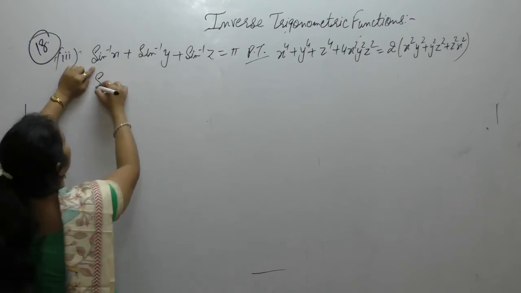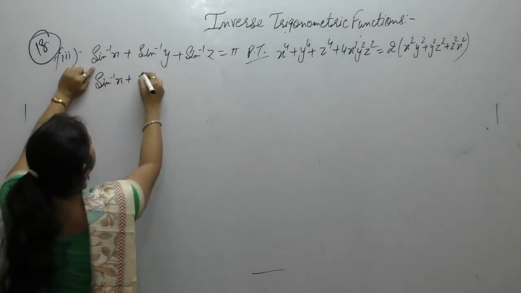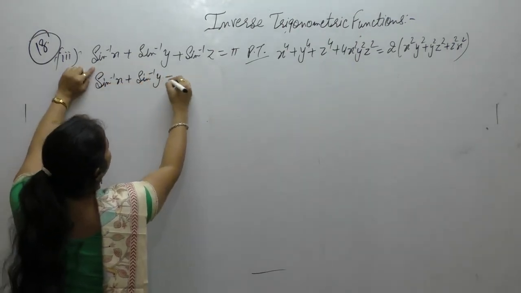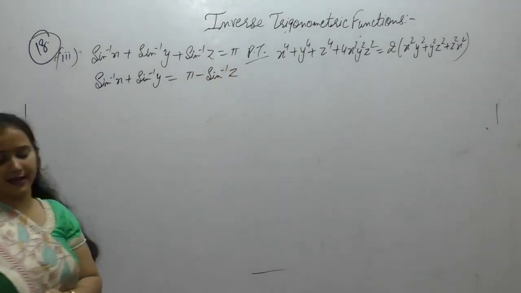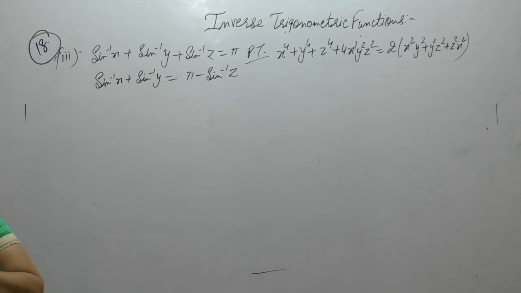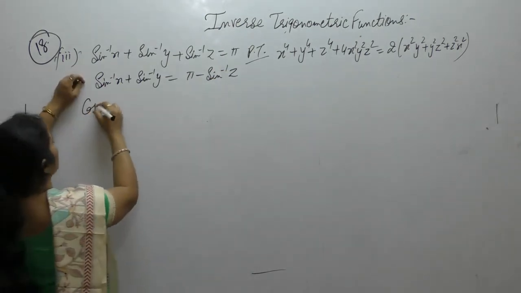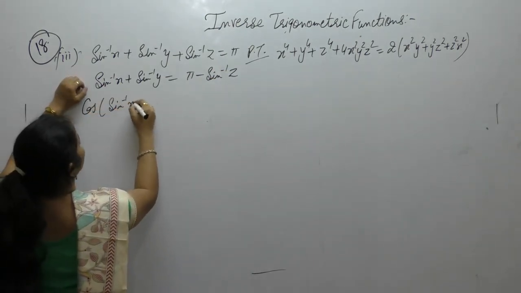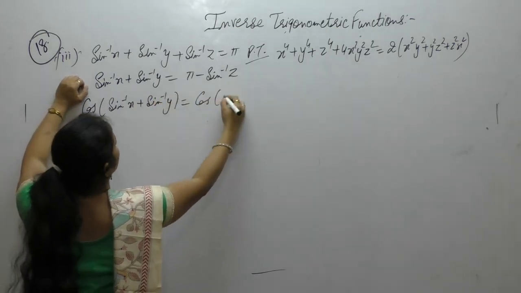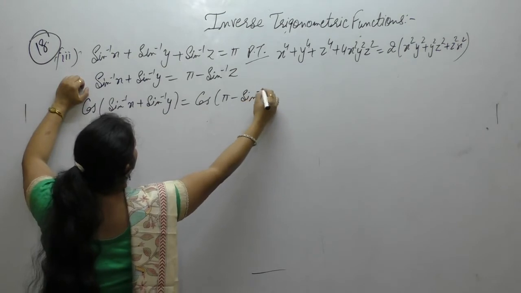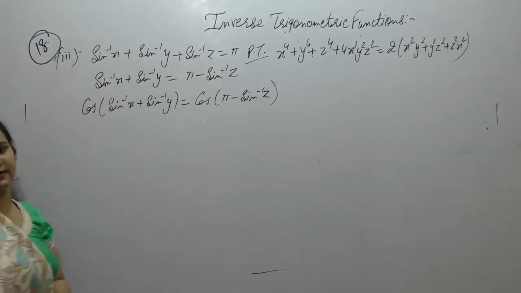Now we can write it as sine inverse x plus sine inverse y equals pi minus sine inverse z. Right? Now taking cos on both sides, cos of (sine inverse x plus sine inverse y) equals cos of (pi minus sine inverse z).